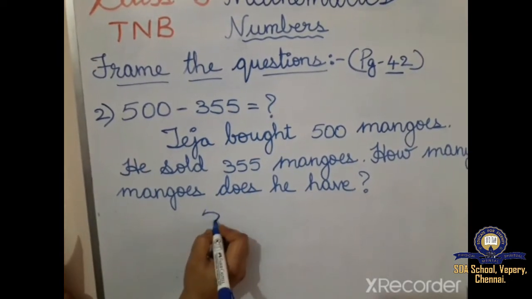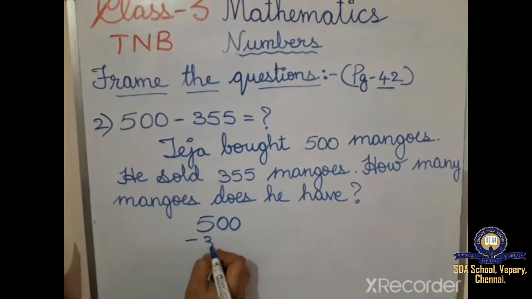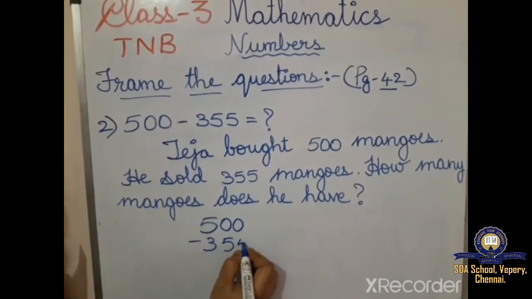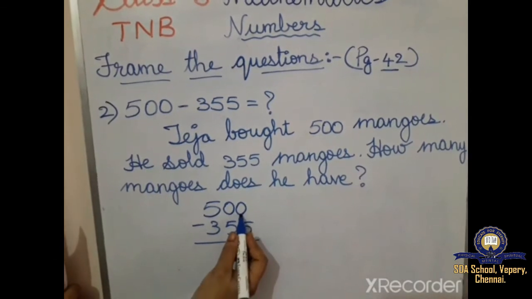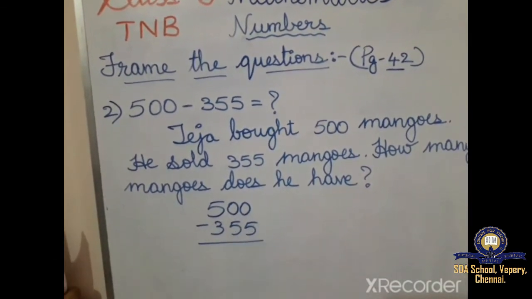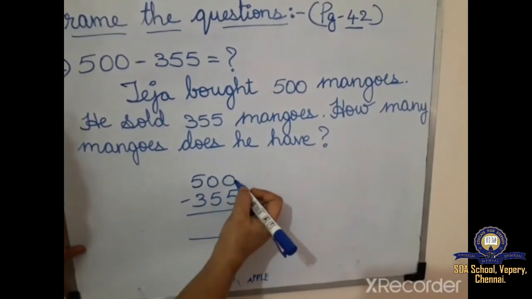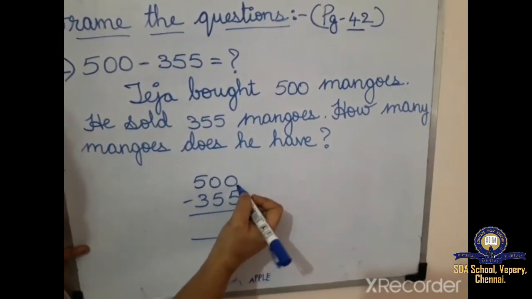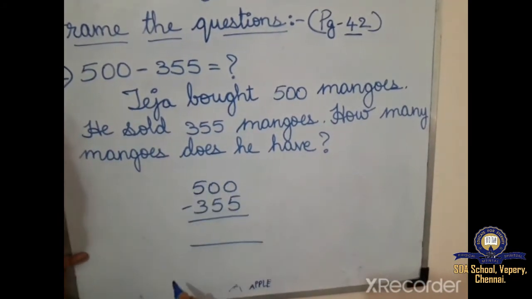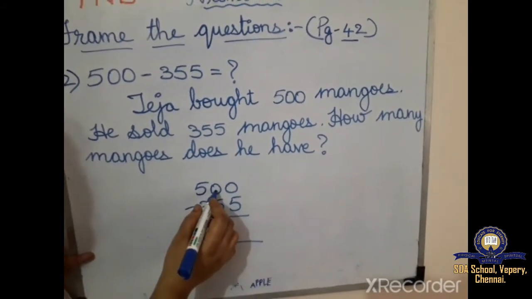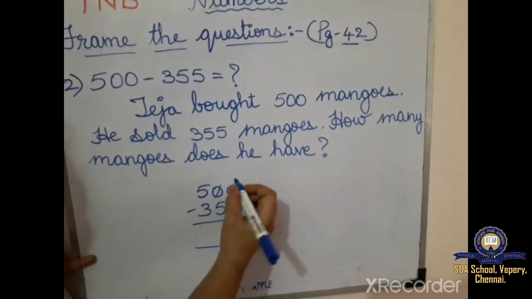Okay. 500 minus 355. Here it is 0. So what do we have to do now? We have to borrow 1 from the tens side.